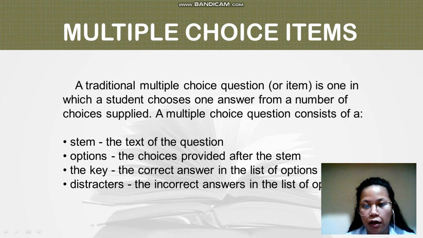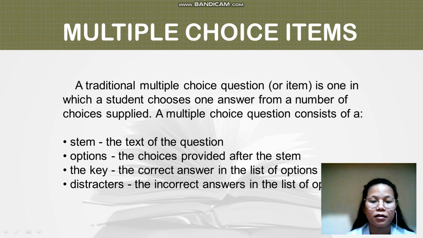Options, the choices provided after the stem, that's the A, B, C, D, and so on. The key, the correct answer in the list of options. After you take the exam, you can see the key answer at the end, or maybe the professor or the facilitator will give the right answer for every question.